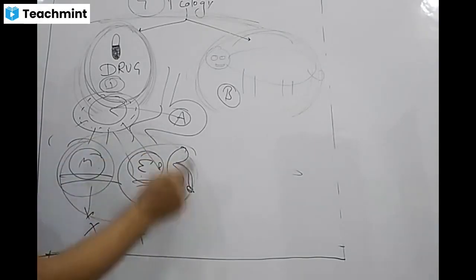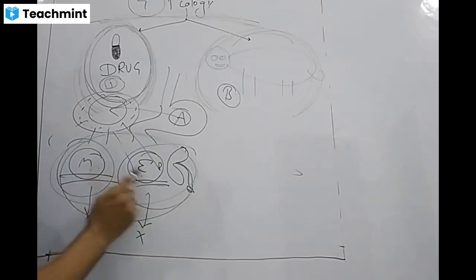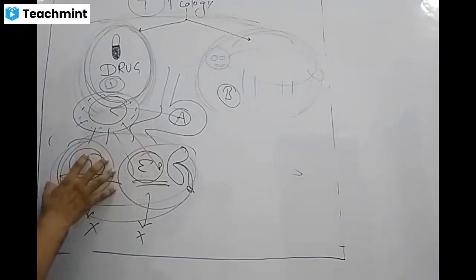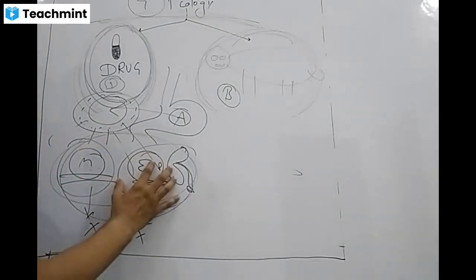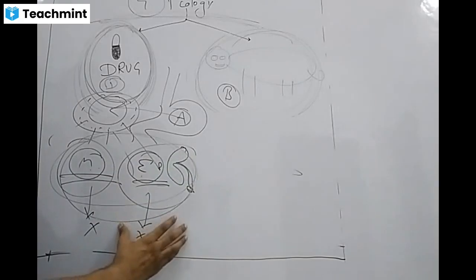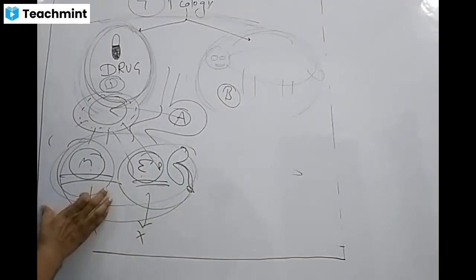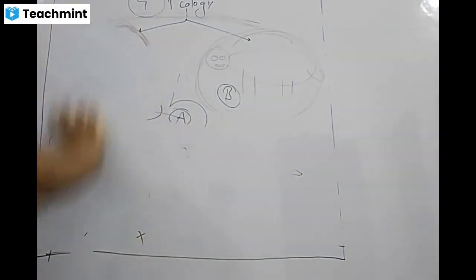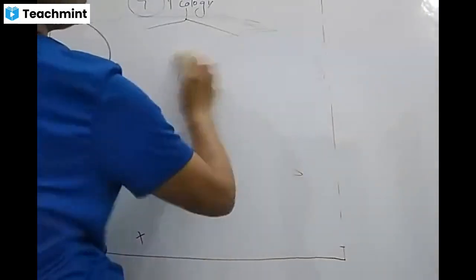These two processes combined we call elimination. So in case of elimination, the activity of the drug is stopped. This is metabolism and this is excretion. The main organ is the kidney, and here is the liver. So in case of pharmacokinetic, we start with the first concept, that is absorption.